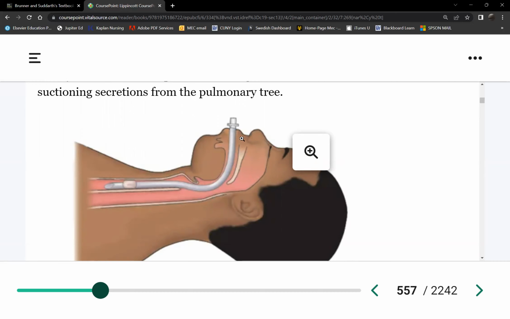So when whoever's intubating this patient, the respiratory therapist, or let's say the doctor or the nurse anesthetist, when we put the laryngoscope in, are we sure that it's in the trachea? Okay, so therefore, do we need to ensure or verify tube placement? So that's the second responsibility. We need to verify placement.